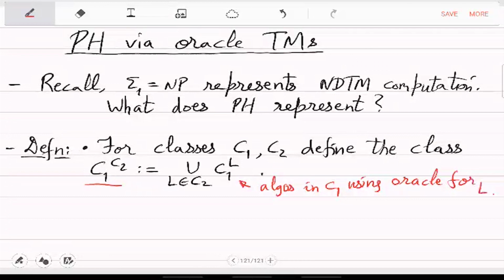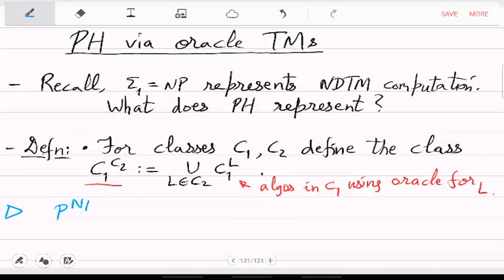So this basically algorithm doesn't have to solve L. It will assume a solution for L, some subroutine for L, that's the oracle, and then do what C1 does. Okay, C1 is also a collection of problems. So you can think of C1 as NP and C2 as NP, or even simpler, C1 as P and C2 as NP. So let's see what happens.